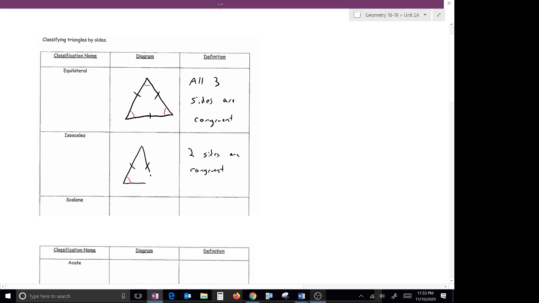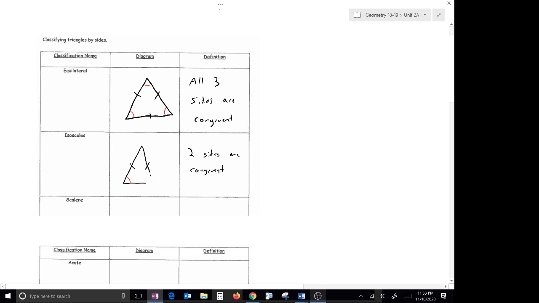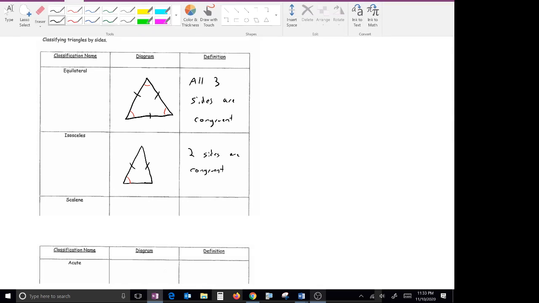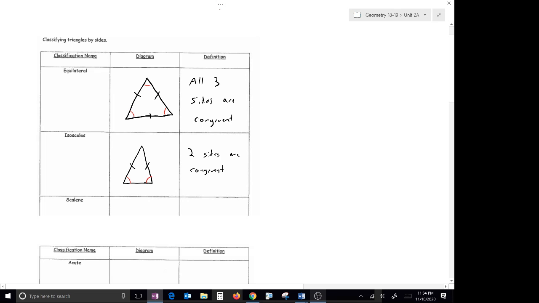Let me draw that. So these two bottom congruent angles are base angles. And those are equal.